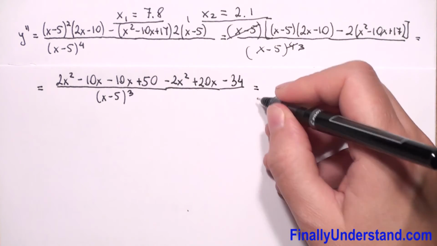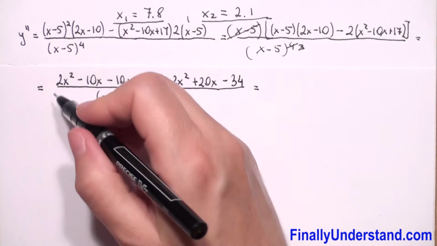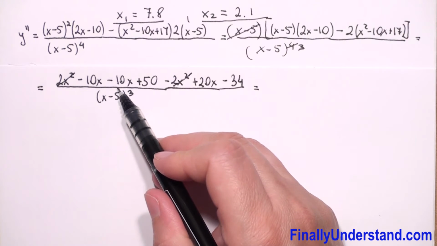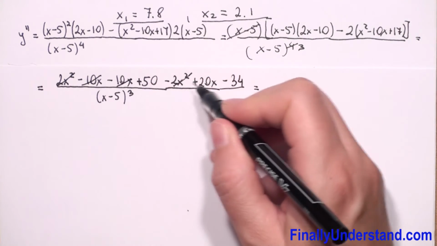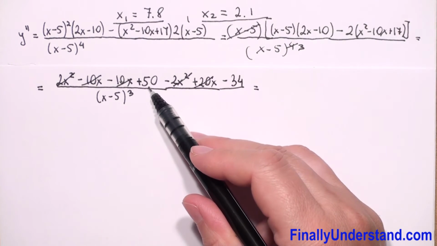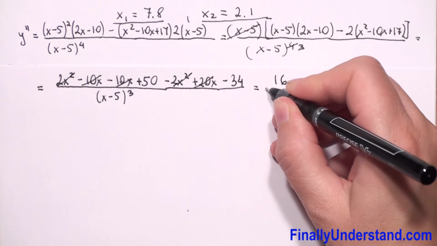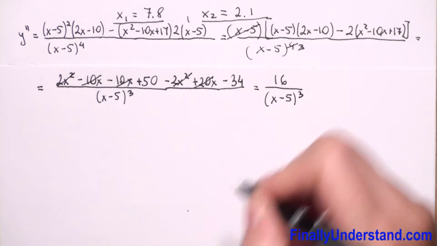This is equal to, we can combine the like terms: 2x squared minus 2x squared we can reduce, negative 10x, negative 10x is negative 20x and positive 20x, so we can reduce this, and we have 50 minus 34 is 16 over x minus 5 to the 3rd power.